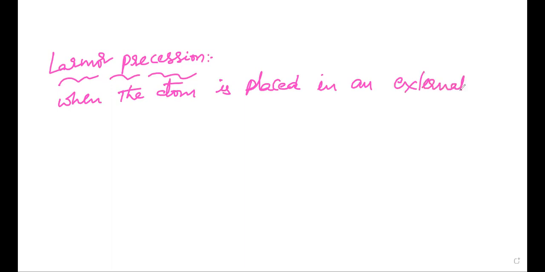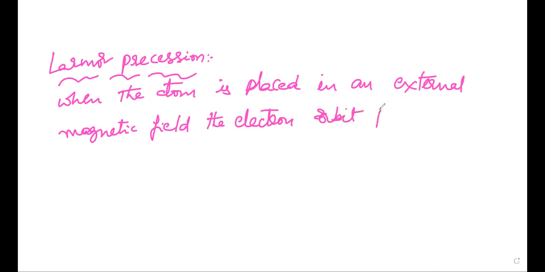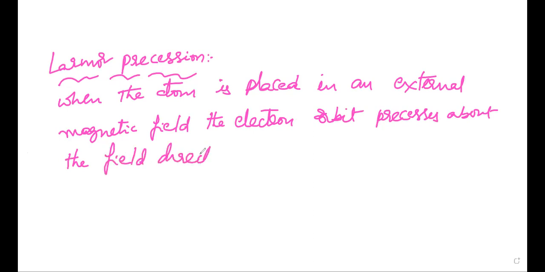External magnetic field. The electron orbit precesses about the field direction as axis.